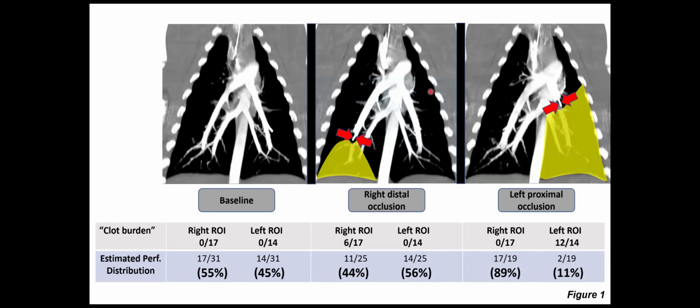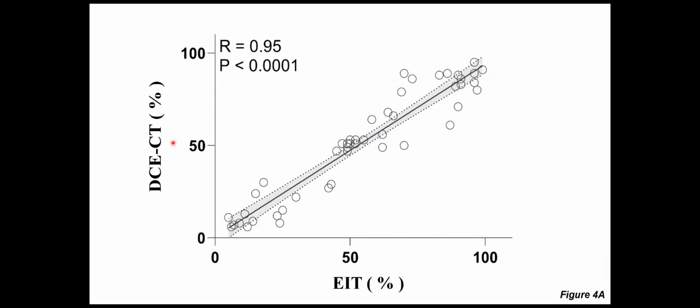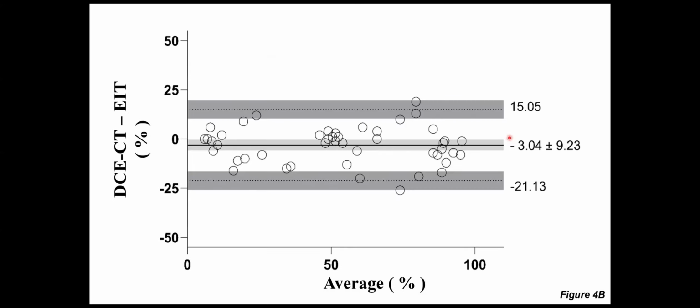So we made the hypothesis that this kind of evaluation should have a better agreement with the EIT evaluation. And this was exactly the case. This is the correlation with dynamic CT, a thin slice. So the R, the coefficient of correlation, was 0.95 with reasonable limits of agreement.